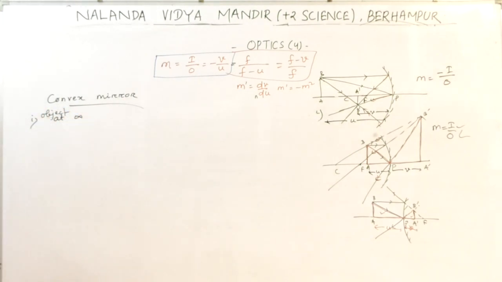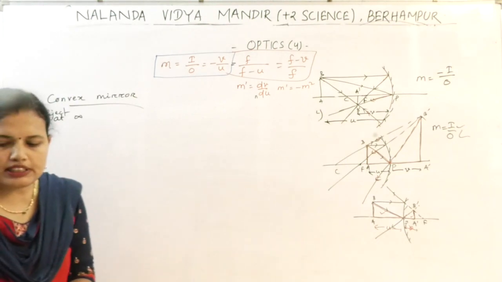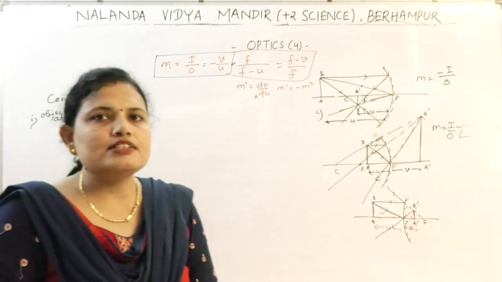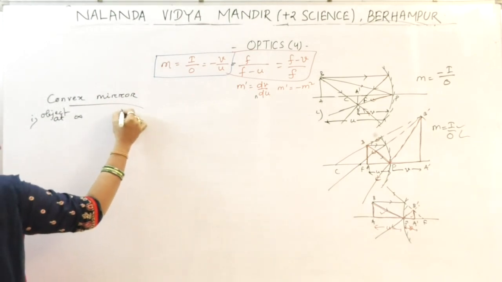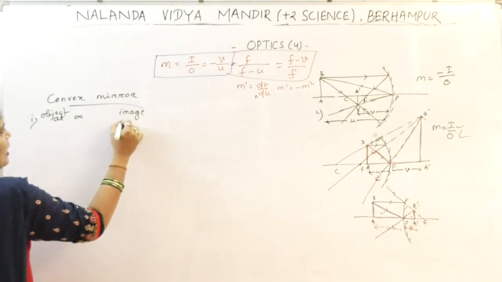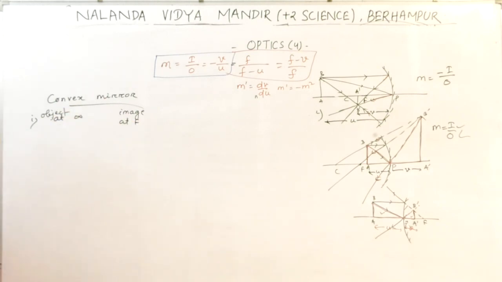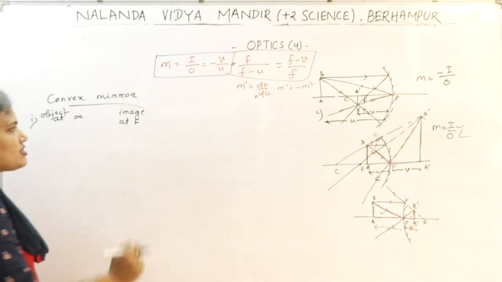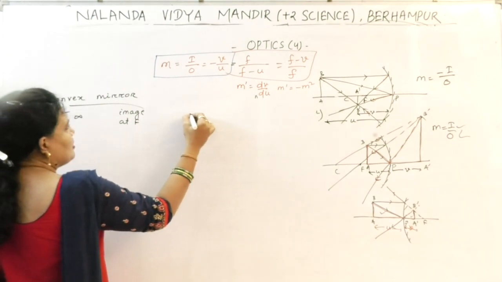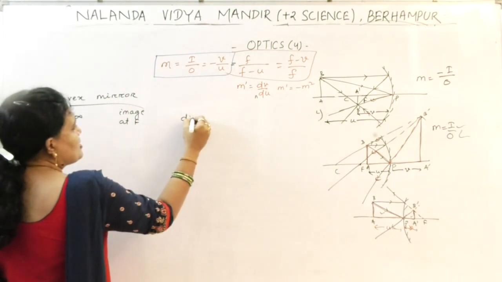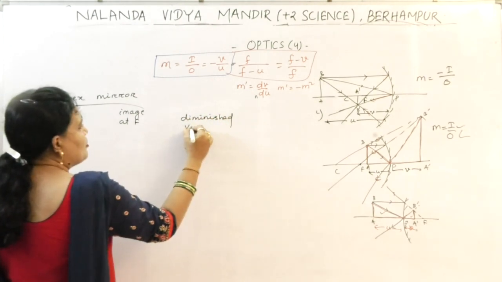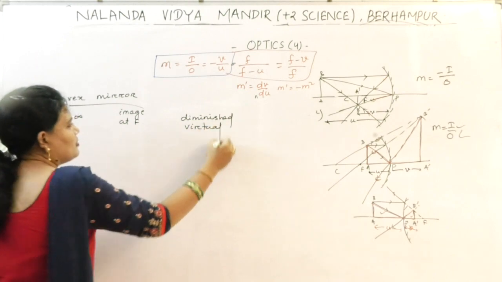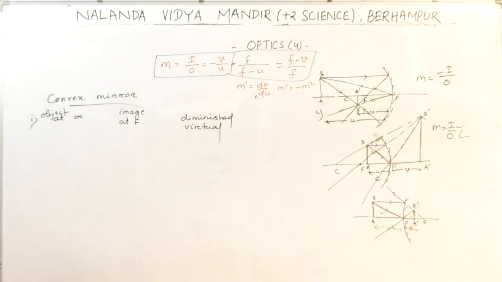If the object is at infinity, then the image is formed at the focus. What is the nature of the image? The image is diminished, like a point object. Diminished and virtual.